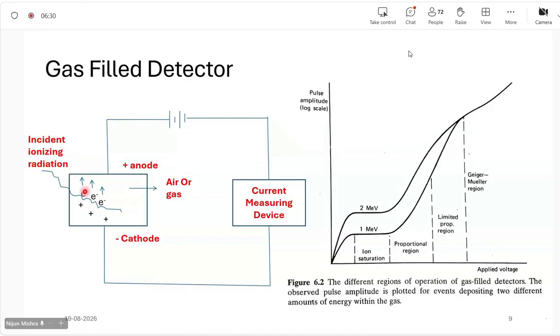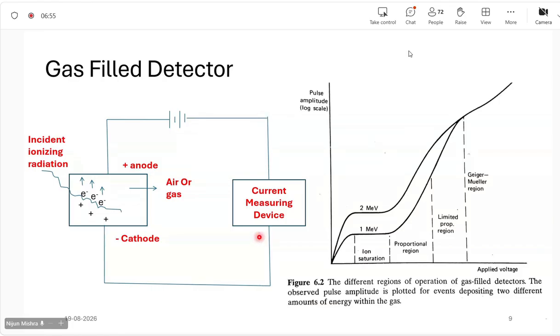Our voltage is increasing gradually, so the recombination is suppressed, and then the ion saturation region comes. In this region, the ion pairs formed inside the detector all get collected at the anode.